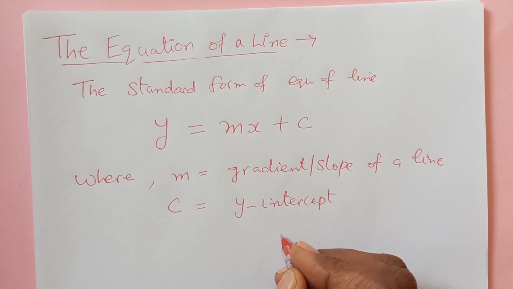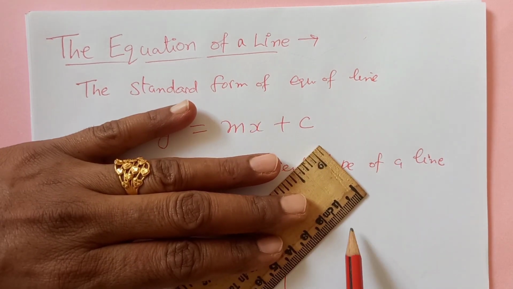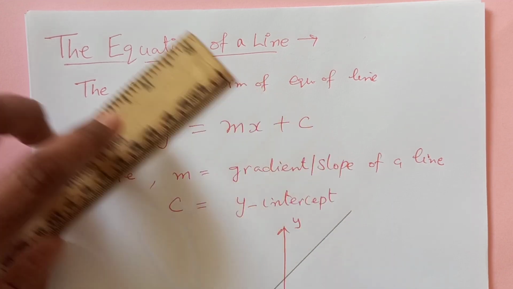For example, we have this coordinate axis. Let's say this is 0, 1, 2, 3, 4. It's just a rough diagram. This is our x-axis and this one is the y-axis, y and y dash. Let's say we have this line, I can draw one line anywhere, like this.